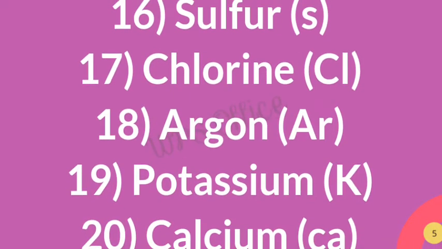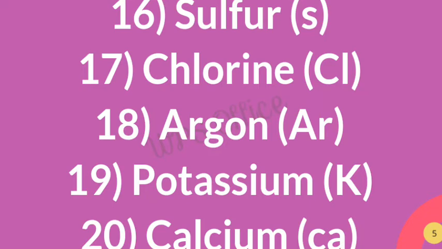16th element in the periodic table is sulfur with chemical symbol S. 17th element is chlorine with chemical symbol Cl. 18th element is argon with chemical symbol Ar. 19th element is potassium with chemical symbol K. And the 20th element is calcium with chemical symbol Ca.